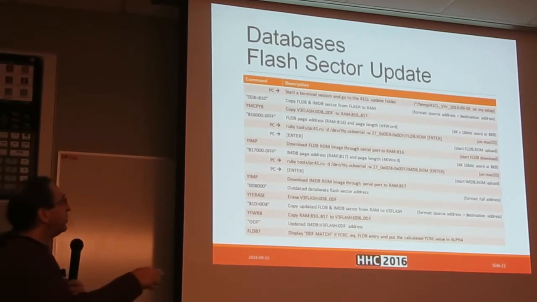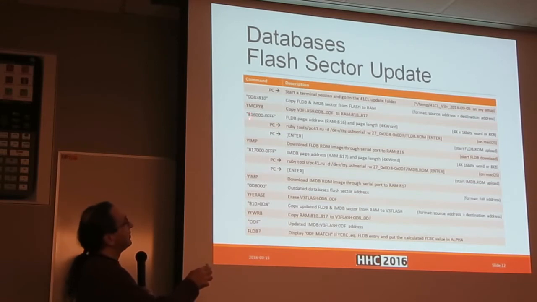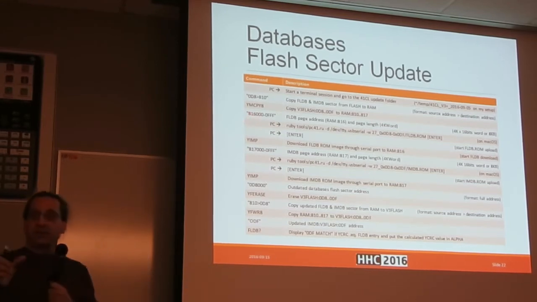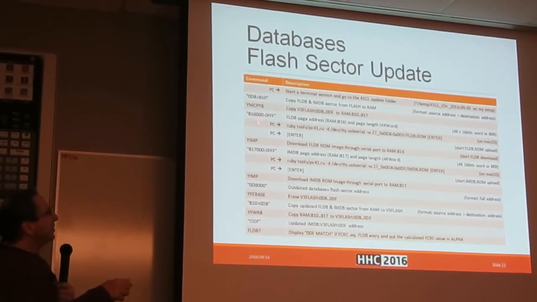So basically you take that address, you copy the 64K, and then you need to update the FLDB, which is located at the 7th slot of the 8th slot. That's where the FLDB is.